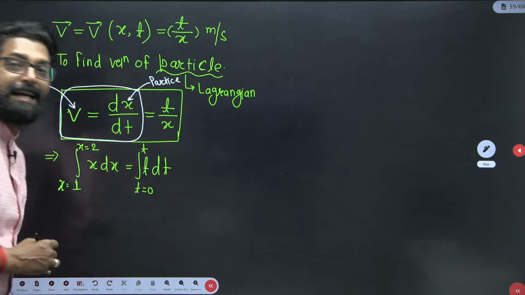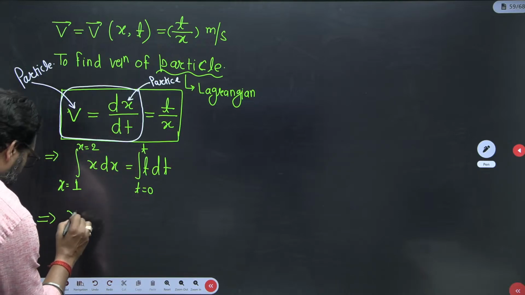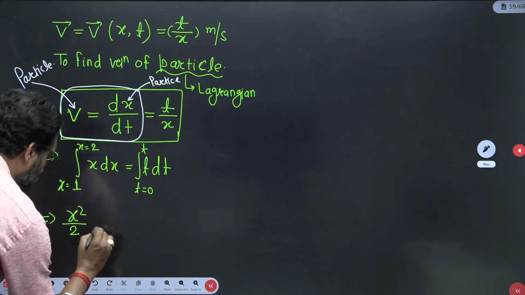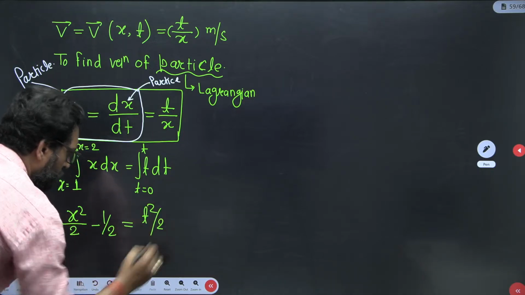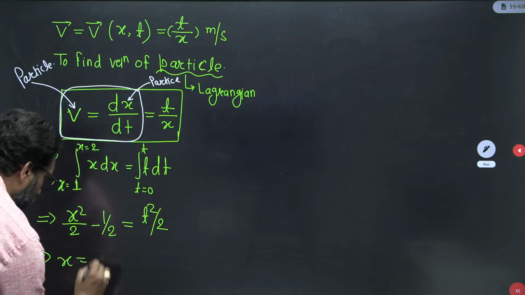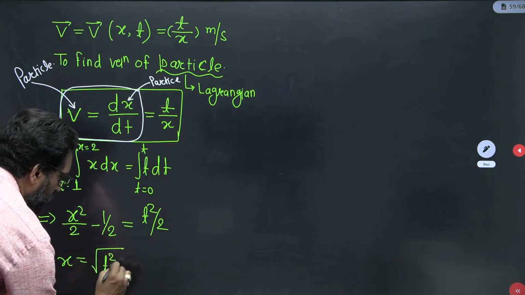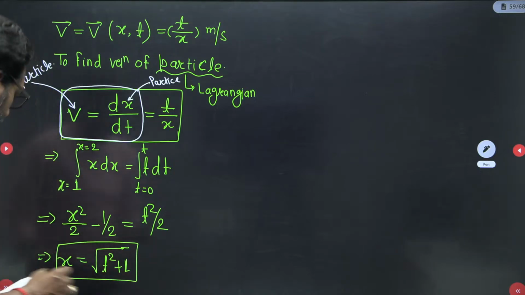We have to find any time t. t is not given. So this is x square by 2 minus 1 by 2, equal to t square by 2. So what is x here? x is equal to square root of t square plus 1. Yes or not? This is x in meter.